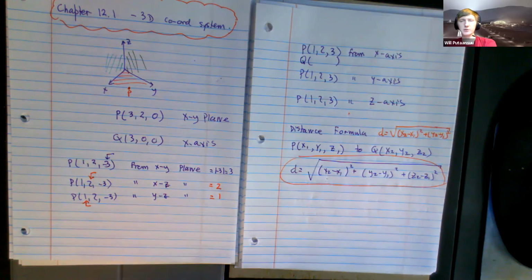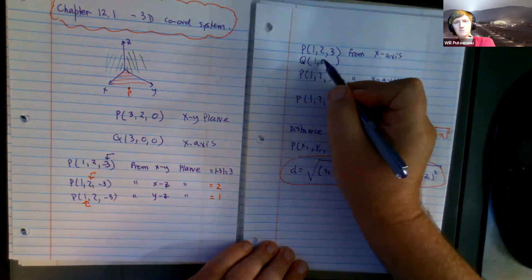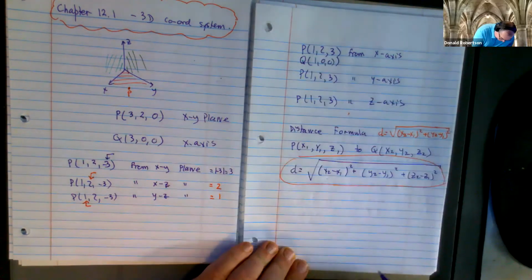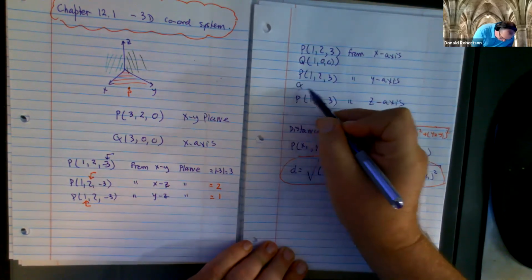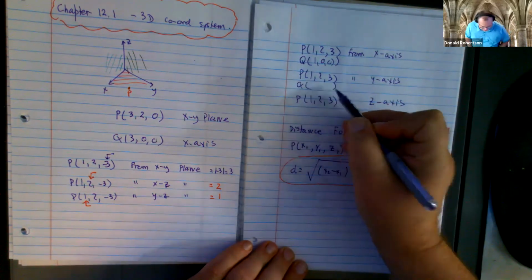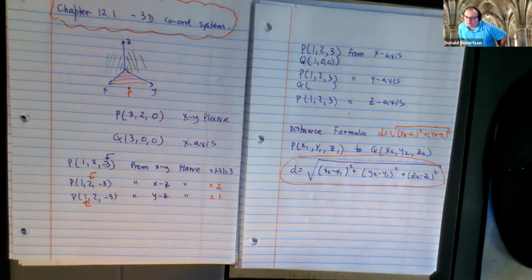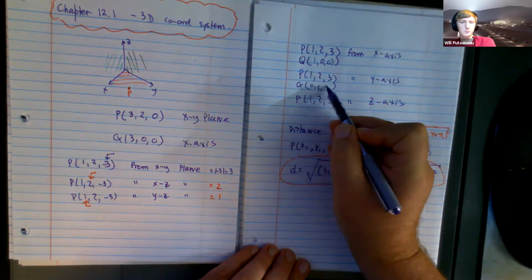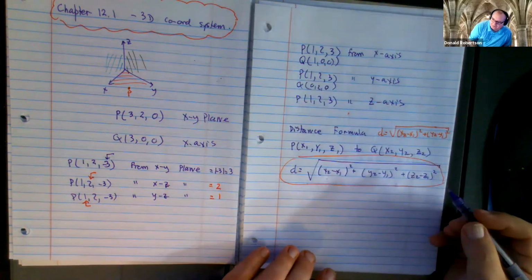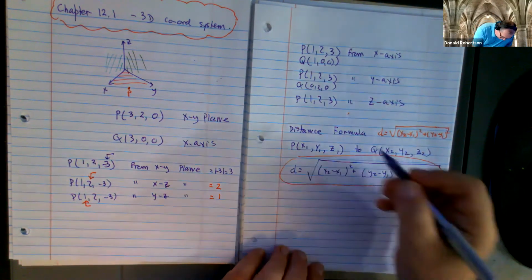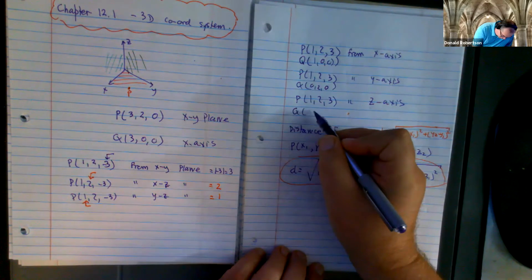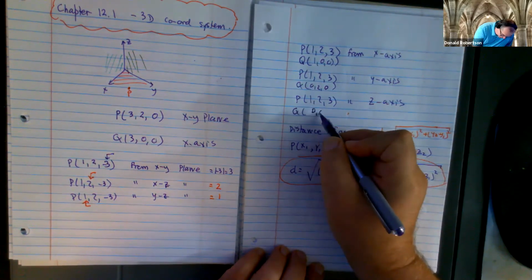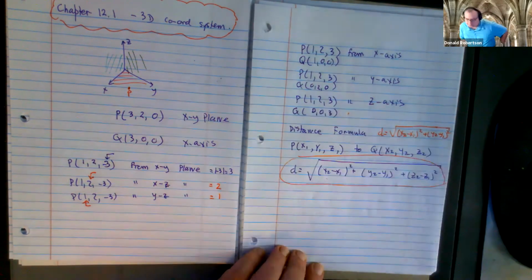It would be 1, 0, 0. And in this one, which point would be closest to it on the y-axis? 0, 2, 0. Are you beginning to see a pattern, guys? And in the last one, the closest point on the z-axis would be that guy.